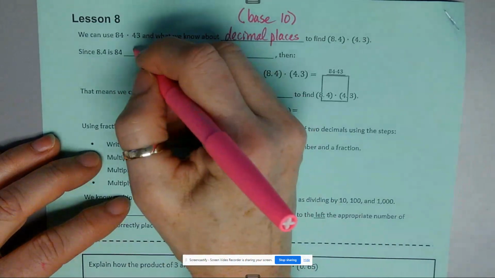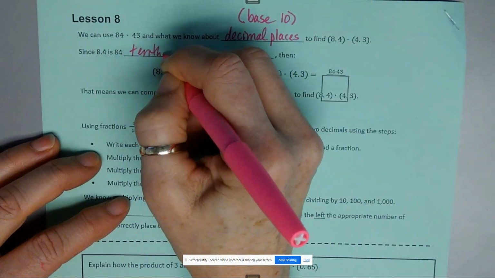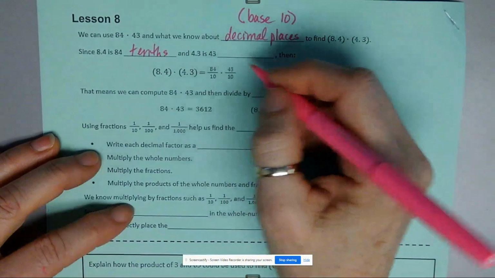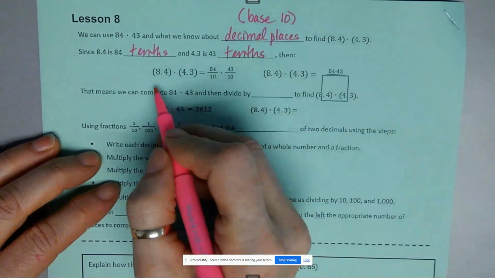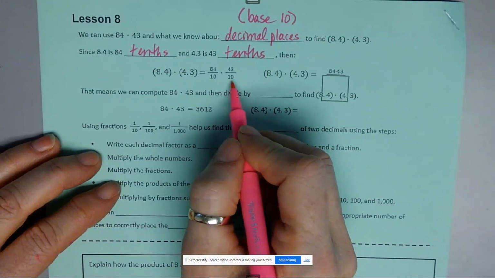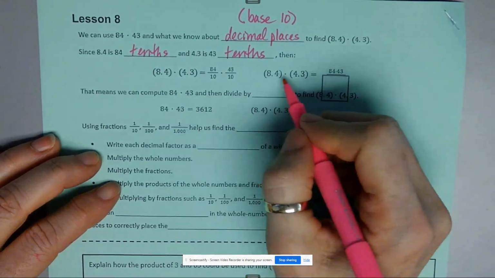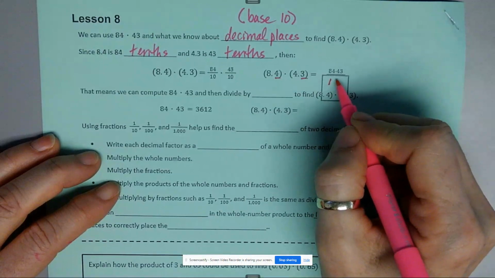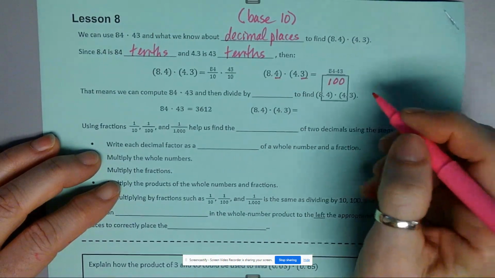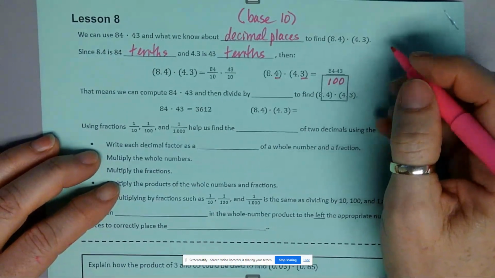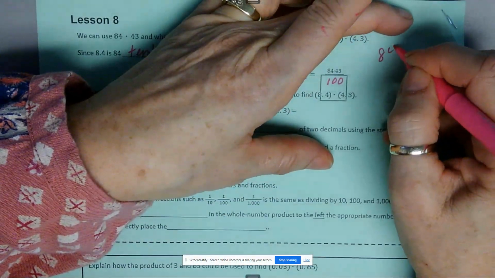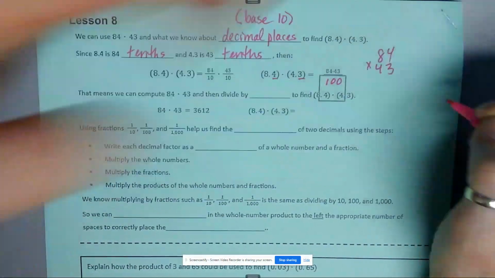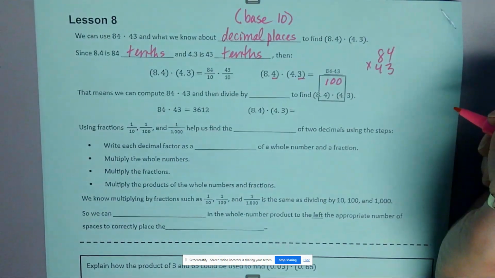Since 8.4 is 84 tenths, and 4.3 is 43 tenths, then we can do 84 tenths times 43 tenths. 10 times 10 is 100. But we still have to do the 84 times 43 to get the next part, right?